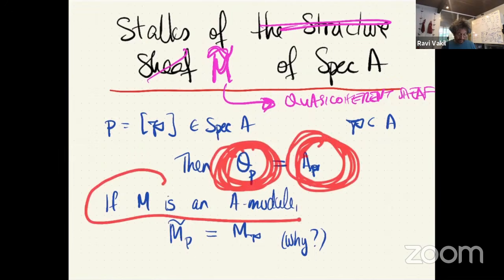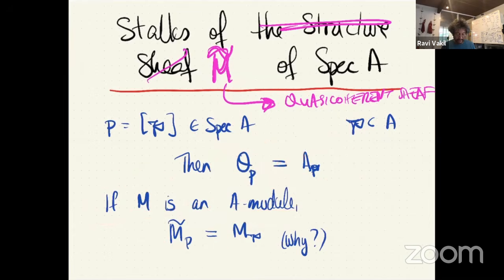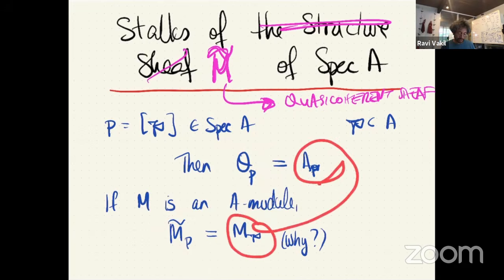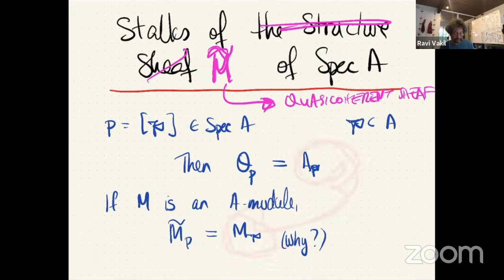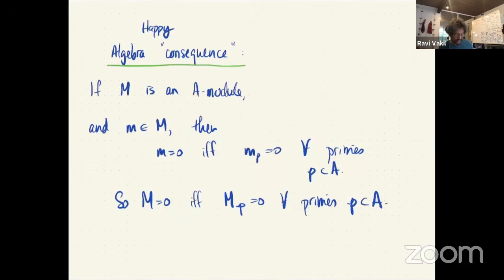And similarly, there's exactly the same argument that if you have an A module, the stalk at a point P is the localization at that prime ideal. Indeed, that is a module over the corresponding local ring. Okay. And as a happy algebra consequence, elements of a sheaf are determined by their stalks.